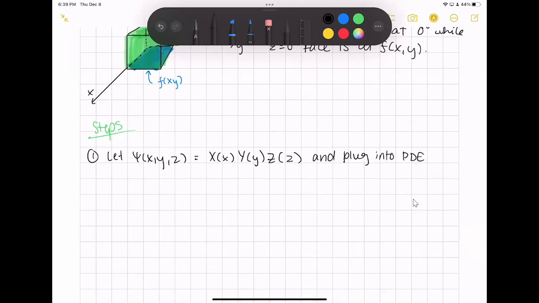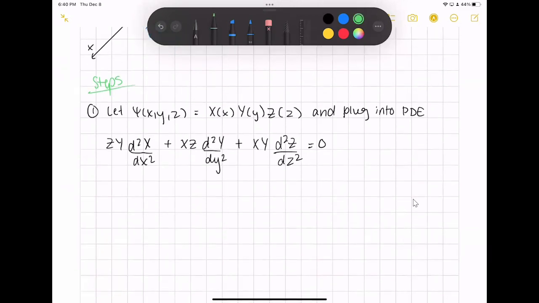All right, so we're plugging that into the PDE. We will get the following. This is the first term plus the second term. And then our last term equals 0.